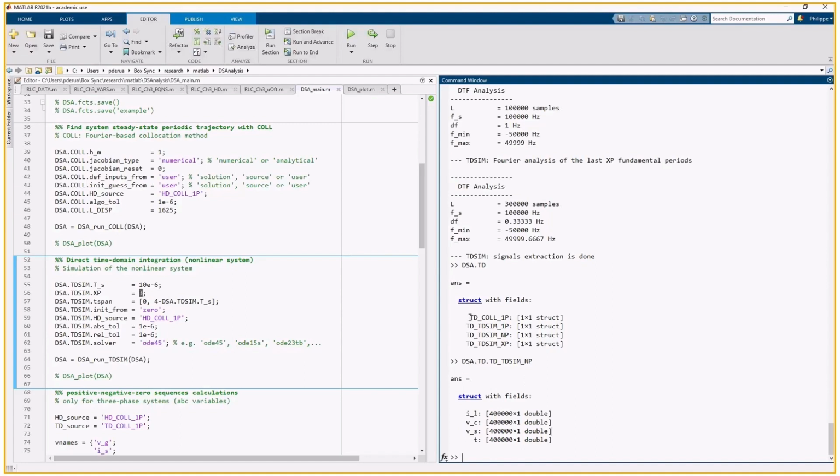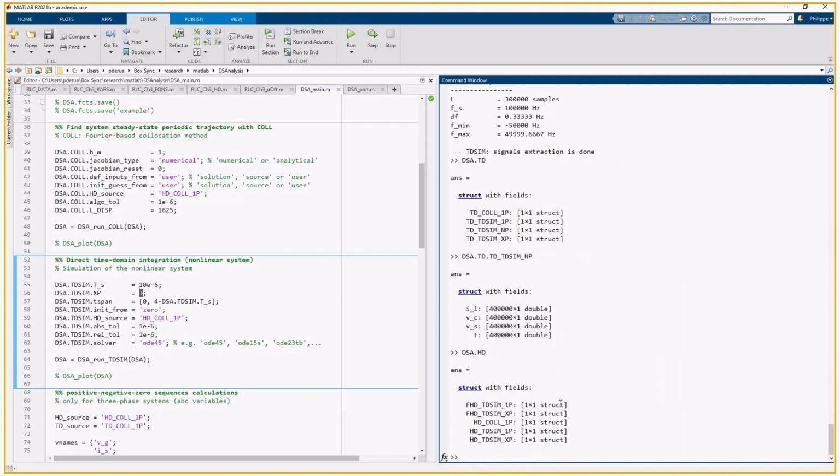Likewise, I have access to the harmonic spectrum of these data structures. This is naturally something that I can find in the HD structure. As before, we see the results of the collocation method, which is still stored, but now we have additional harmonic domain structures which come from the time domain simulation.